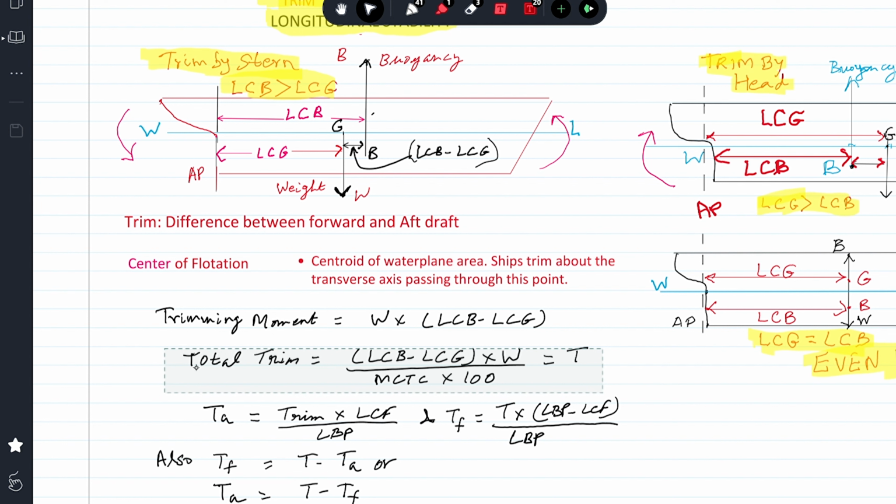Against that initial displacement, I can get the LCB and MCTC. So initial trim, initial LCB, initial MCTC and initial displacement can be put in this formula to get the initial LCG. All initial conditions can be inserted to find the initial LCG.